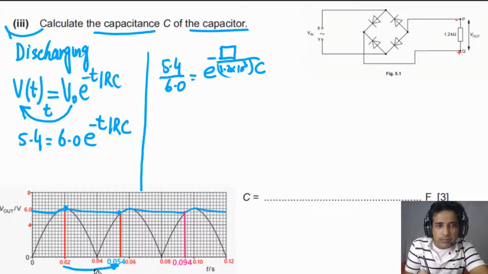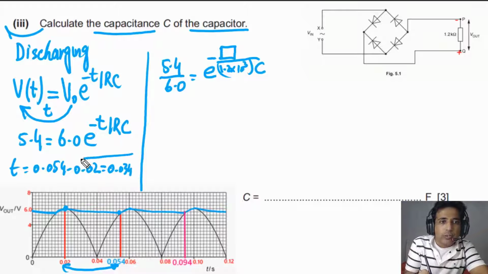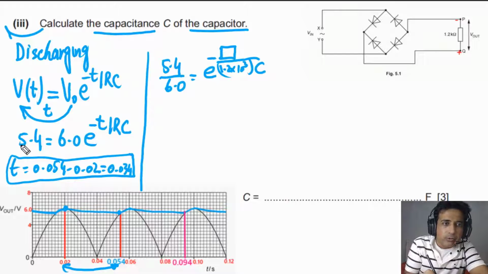So the time taken in this case is 0.054 minus 0.02, and this time taken we can write down here. We can say t is equal to 0.054 minus 0.02, and this one is equal to 0.034. So this is the time taken for the voltage to drop from 6 to 5.4.